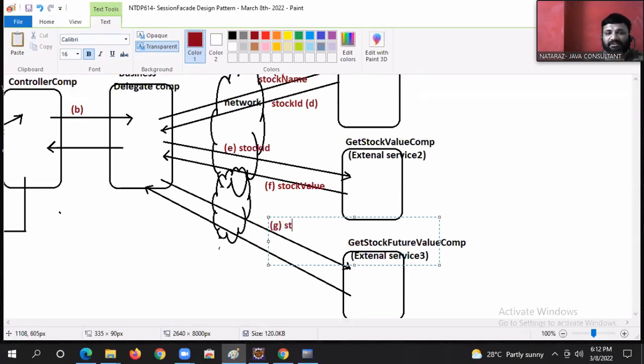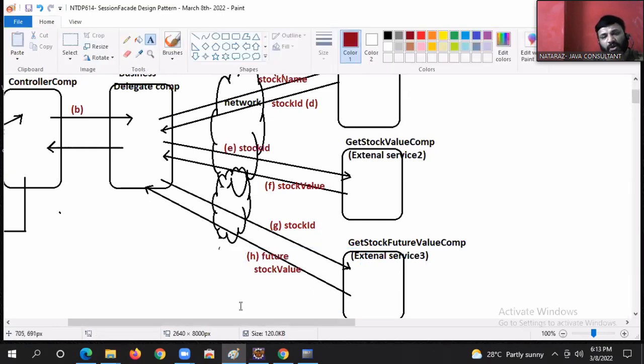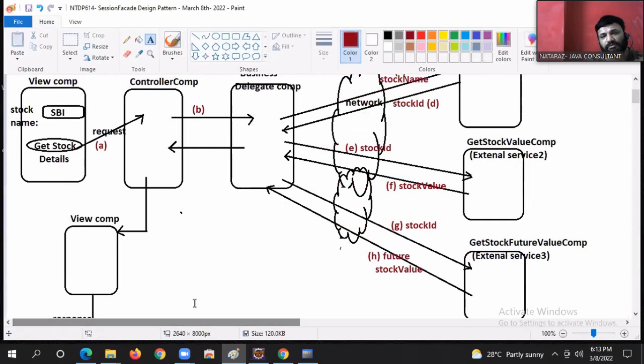G. Stock ID is the input value. Next, H. Future stock value as the output value.